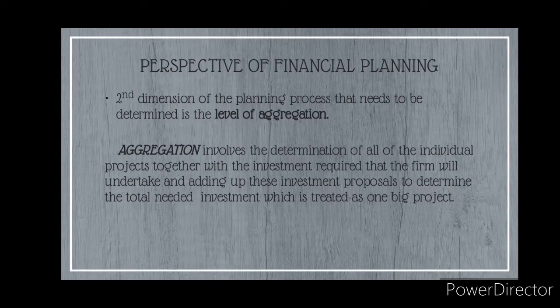After the planning horizon and level of aggregation are established, a financial plan requires inputs in the form of alternative sets of assumptions about important variables. This type of planning is particularly important for cyclical businesses, or firms whose sales are strongly affected by the overall state of the economy or business cycles.